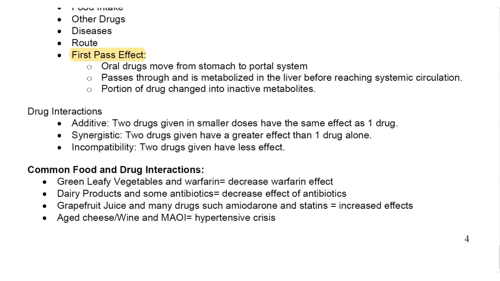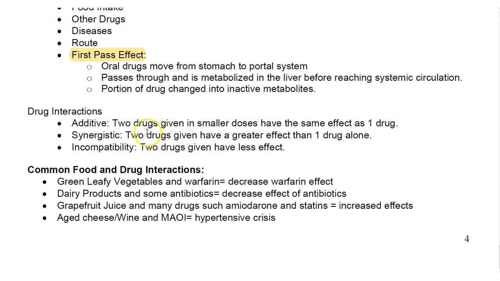This is when two drugs are given and have a greater effect than one of the drugs. So basically, it's more effective than one drug alone. Now, incompatibility means the two drugs given don't really have a good effect, or basically have less effect. It's not as effective as when given independently.